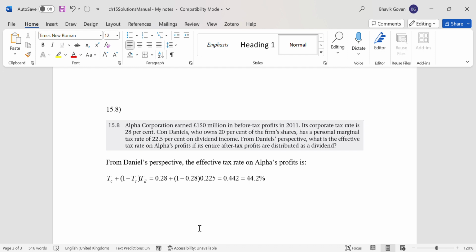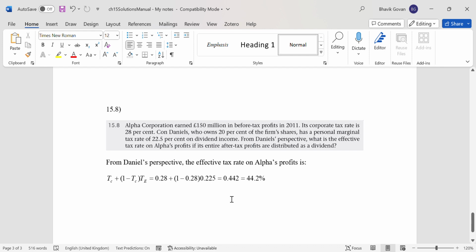What is the overall tax rate that he would pay? So it'll be your corporate tax rate plus 1 minus the corporate tax rate. That's basically what remains after taxes was paid. And on that, he'll pay his marginal tax rate, his personal tax rate, TE.